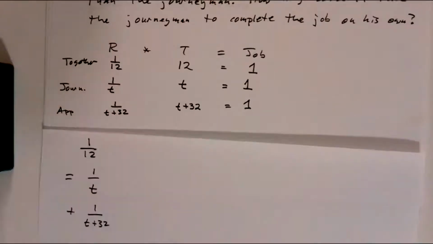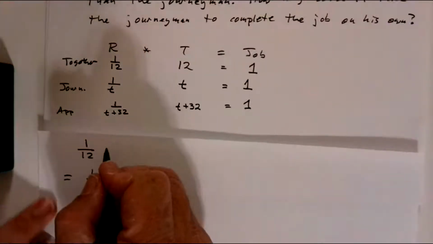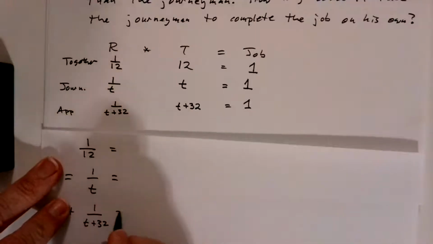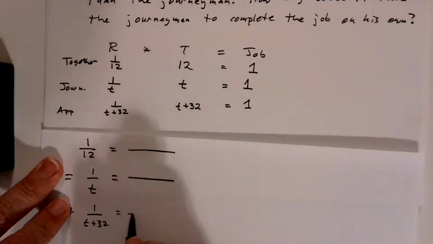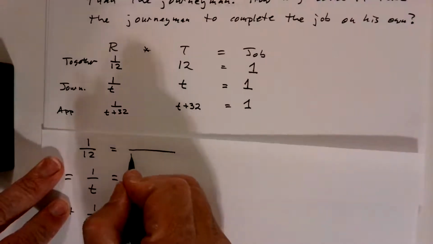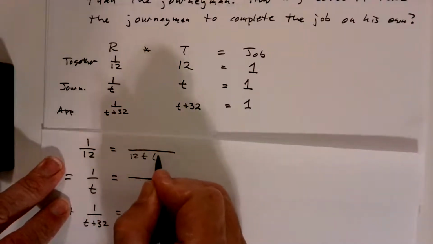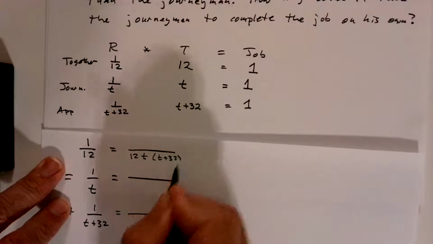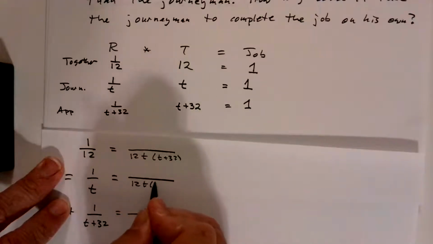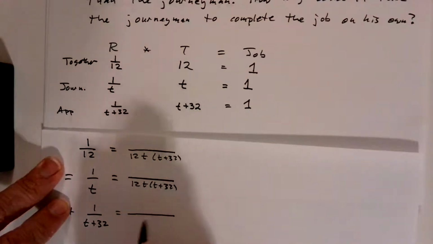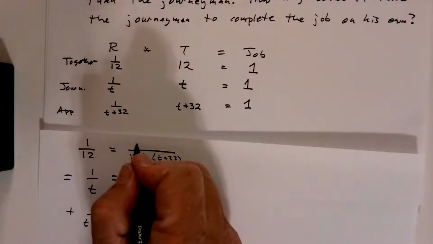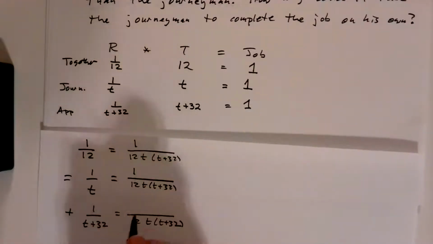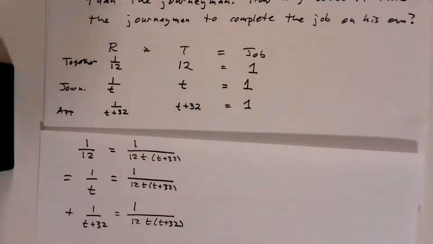That's what this question is asking for. So let's build our common denominator. Our common denominator will be 12 times t times t plus 32. What was there before? All ones. One was there before.